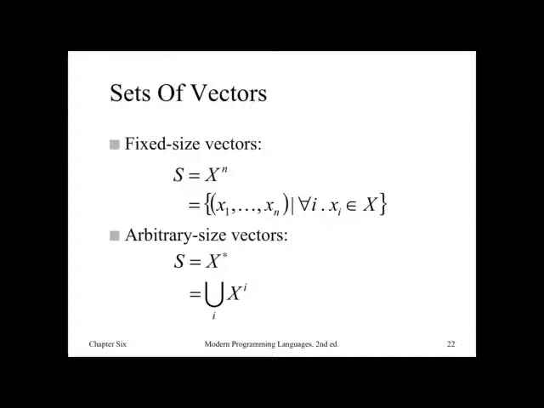Okay, it's sort of a way of saying I'm going to pull values from that set of x, like integers or real numbers or characters or whatever. And then they're going to have an order, and the order is going to matter, and they're going to be indexable.